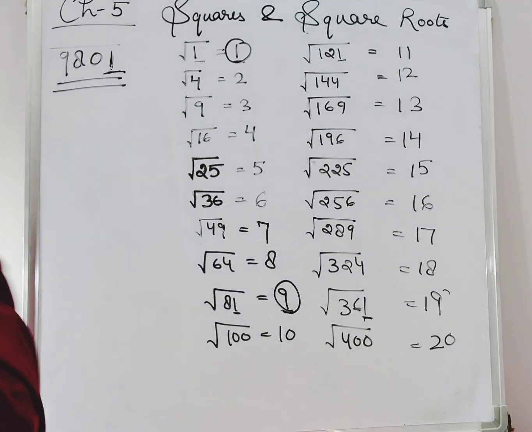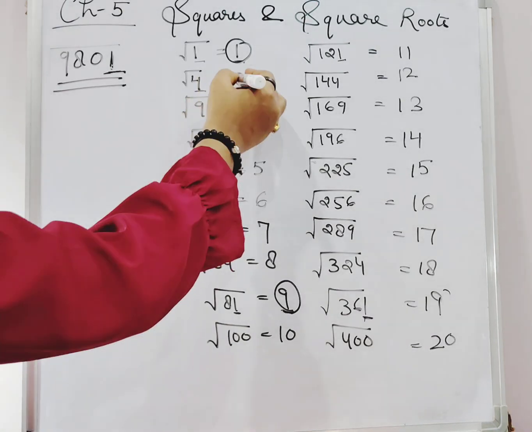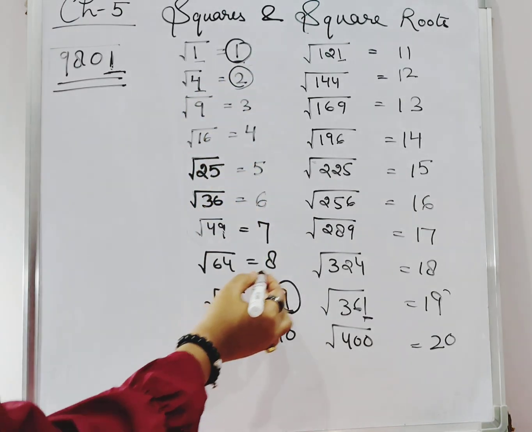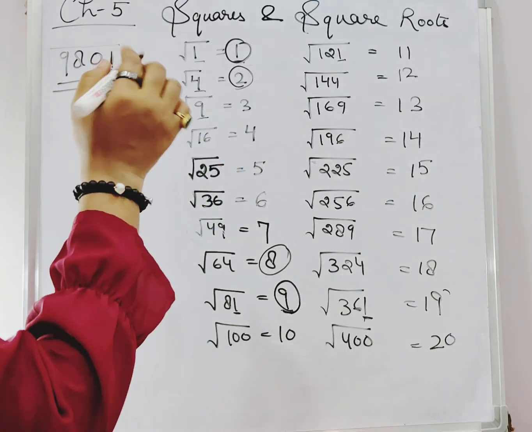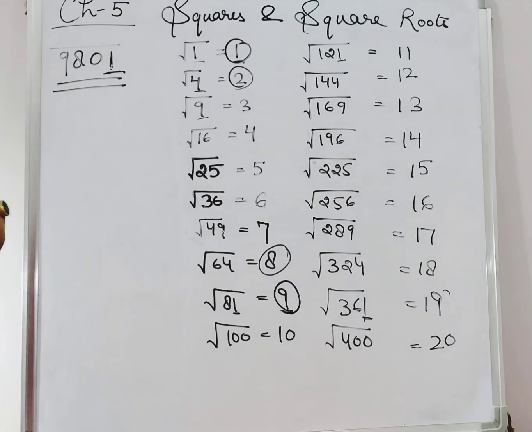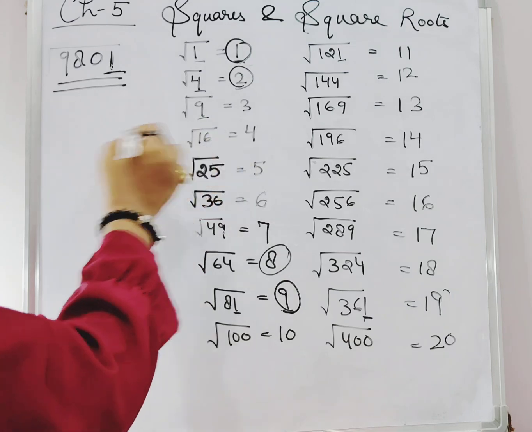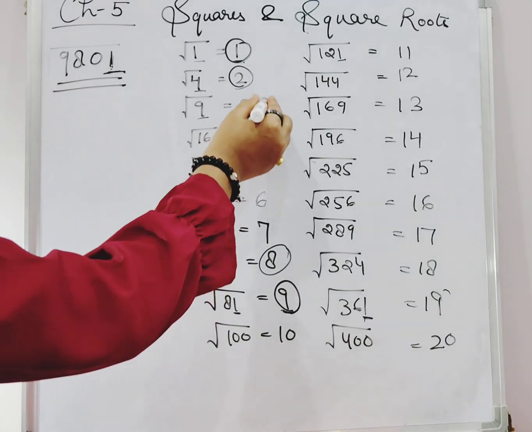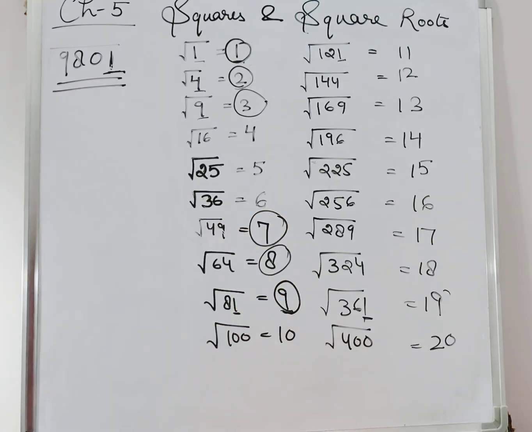If the number ends with 4, then the square root of that number may be 2 or 8. If that number ends with 9, I'm talking about the ones digit place, then the ones digit will be either 3 or 7.